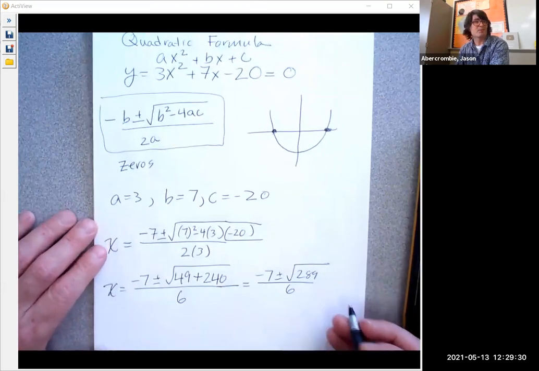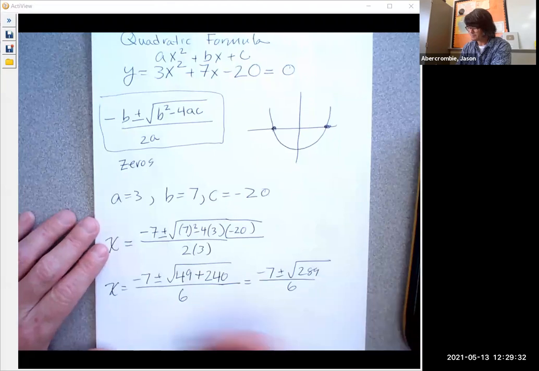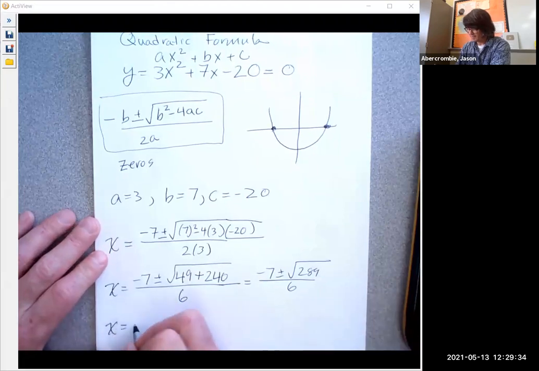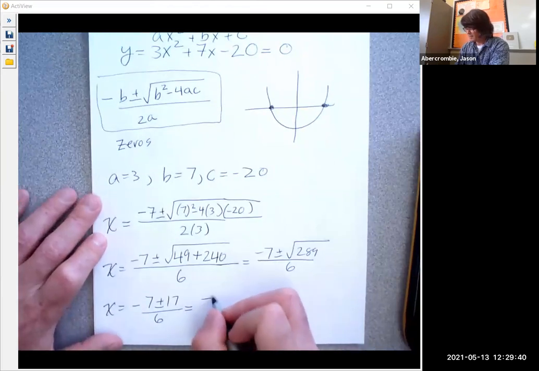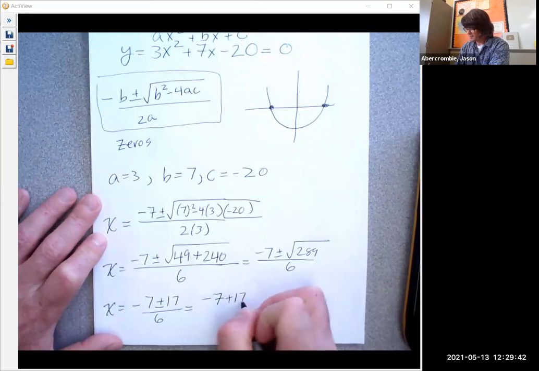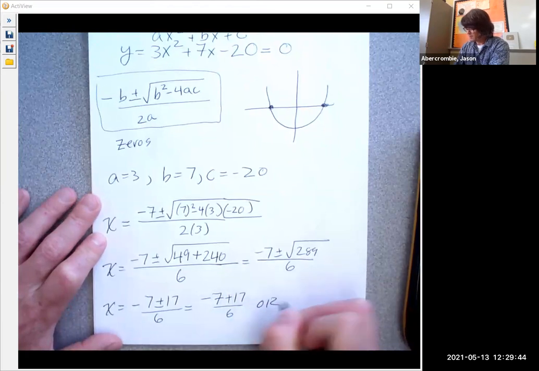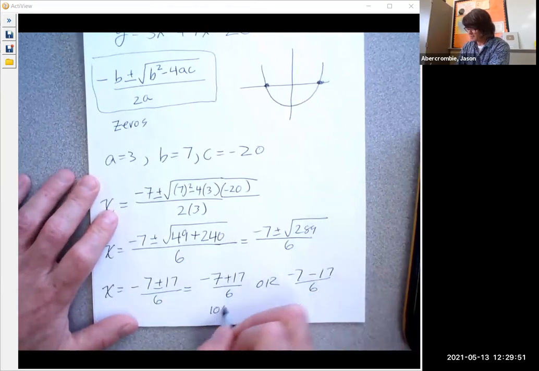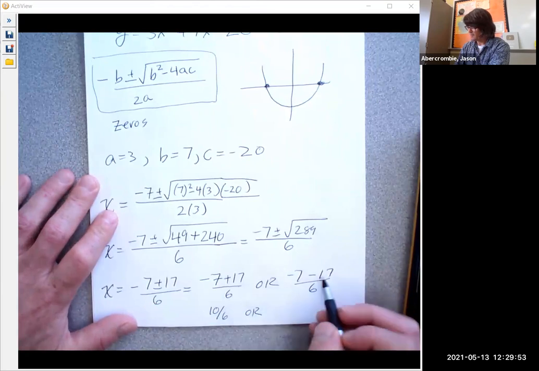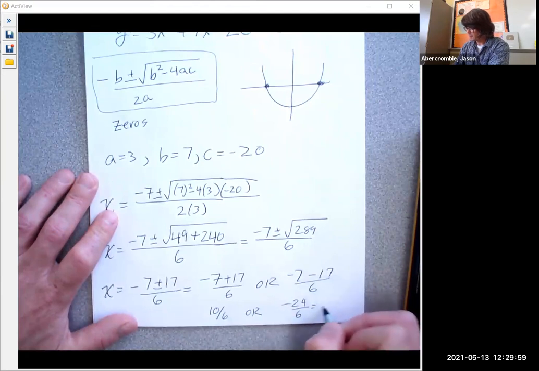And luckily, the square root of 289 is 17. x is negative 7 plus or minus 17 over 6. And that is going to be negative 7 plus 17 over 6, or negative 7 minus 17 over 6. And finally, this is 10 over 6, or negative 24 over 6, which is negative 4.